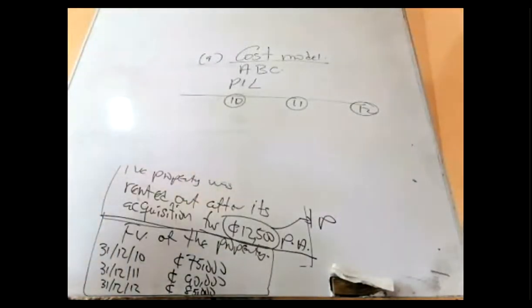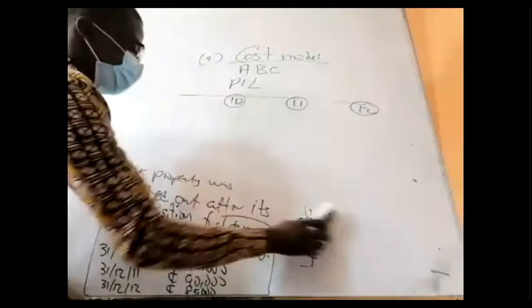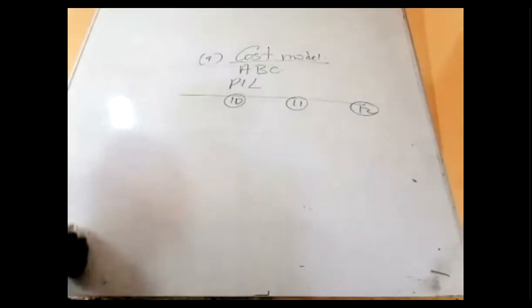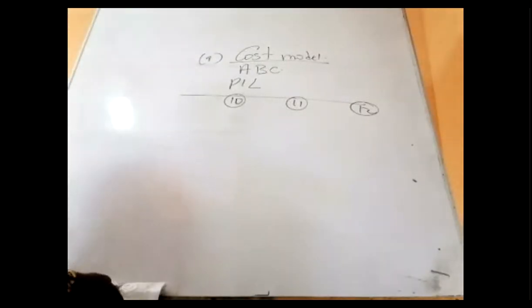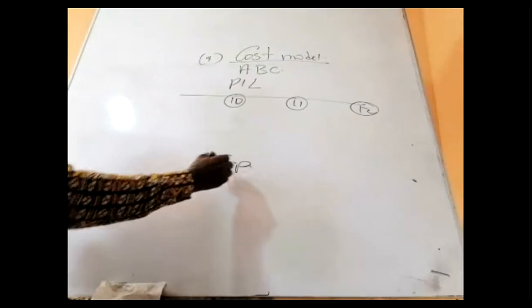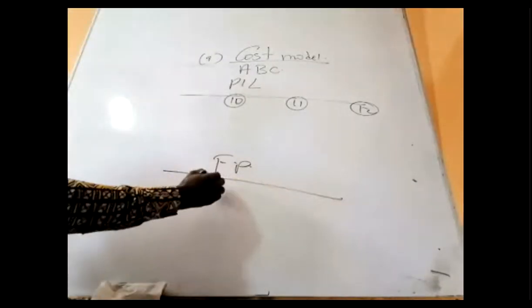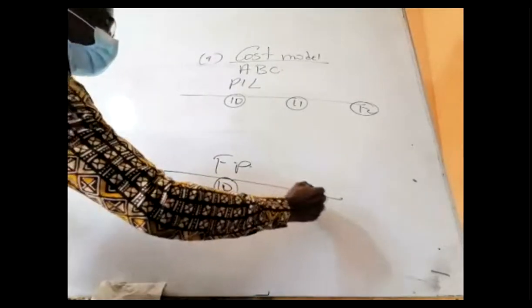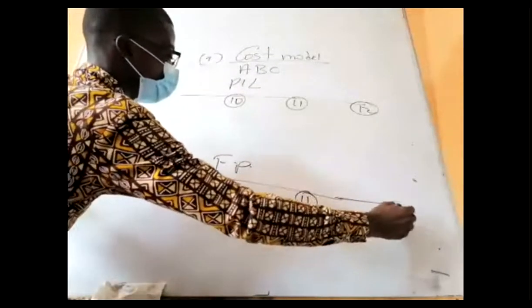How does the P&L look like? And how does the financial position look like? And then the financial position, the statement of financial position as at.